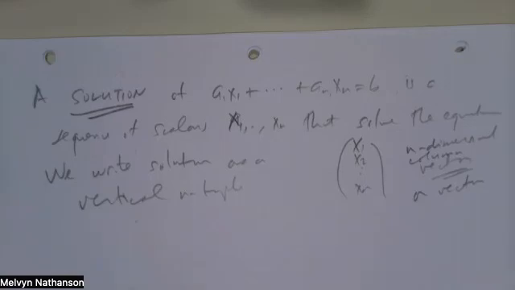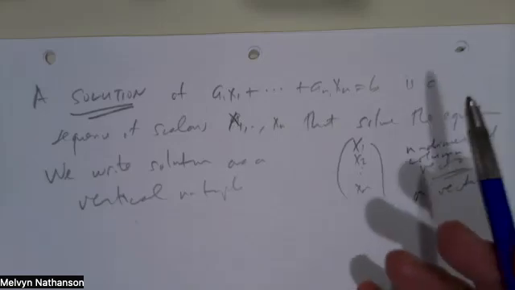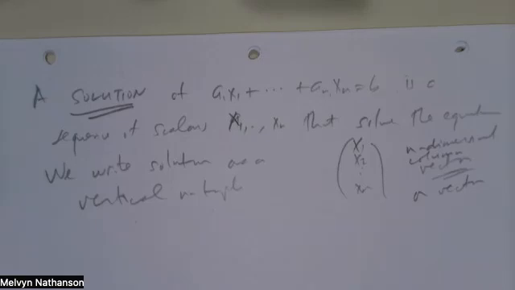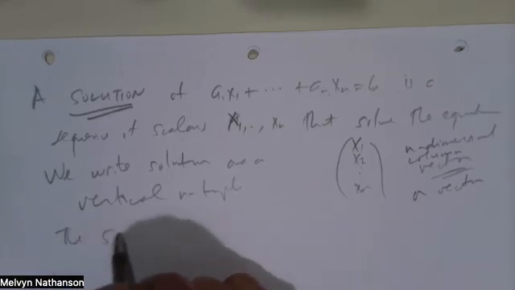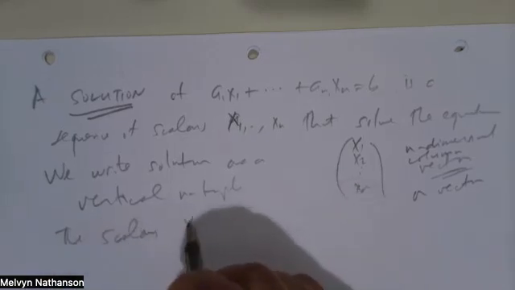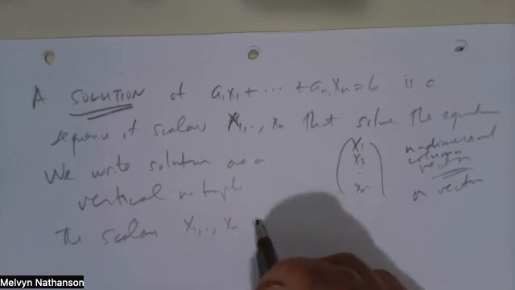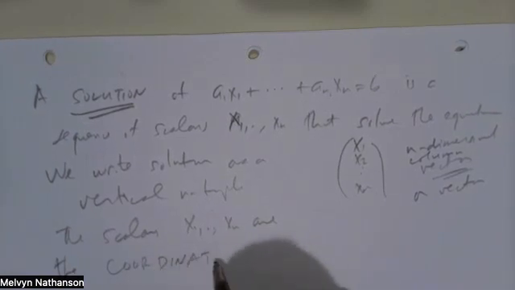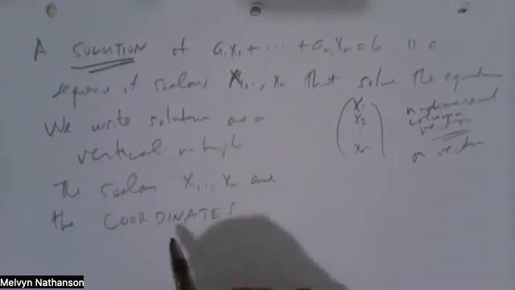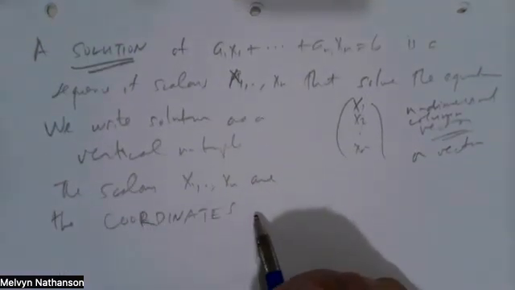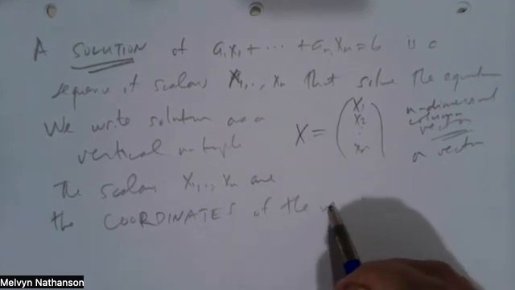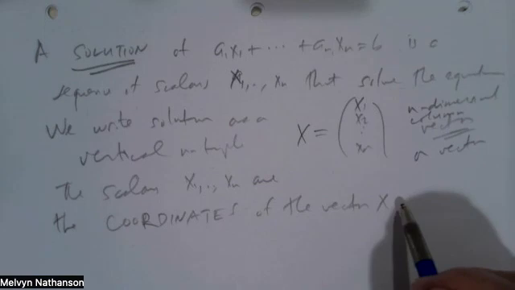Okay, that's fine. So this vertical n-tuple is an n-dimensional vector, column vector. And the scalars, x1 up to xn, are called the coordinates of the vector x.